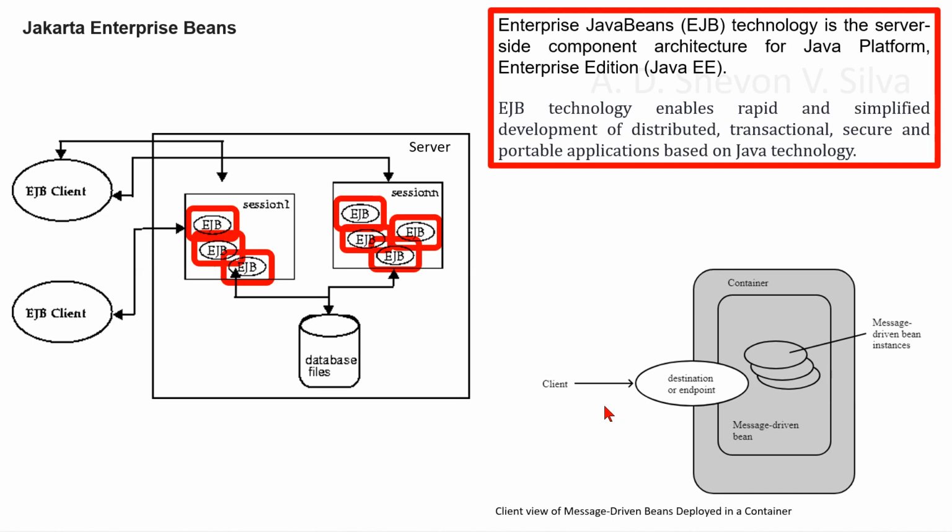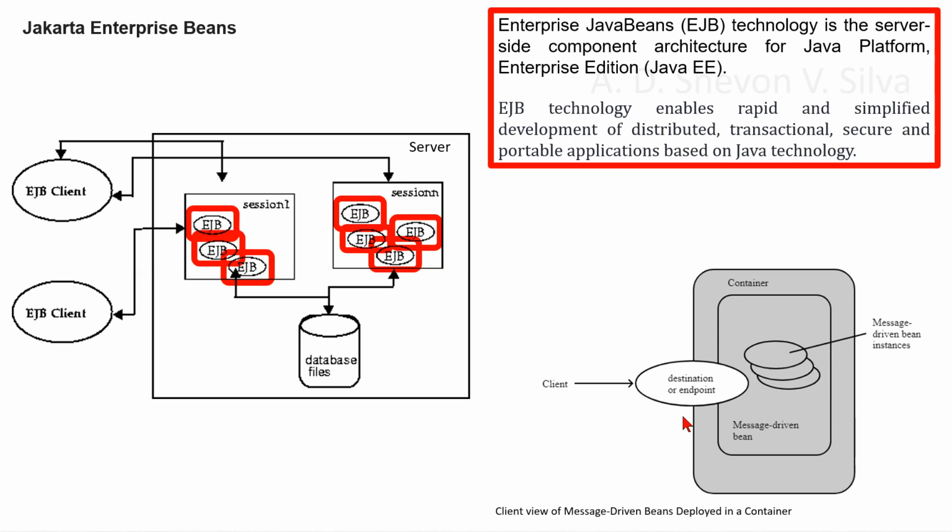A client's JNDI namespace may be configured to include the destinations or endpoints of the message-driven beans installed in multiple enterprise beans containers located on multiple machines on a network.